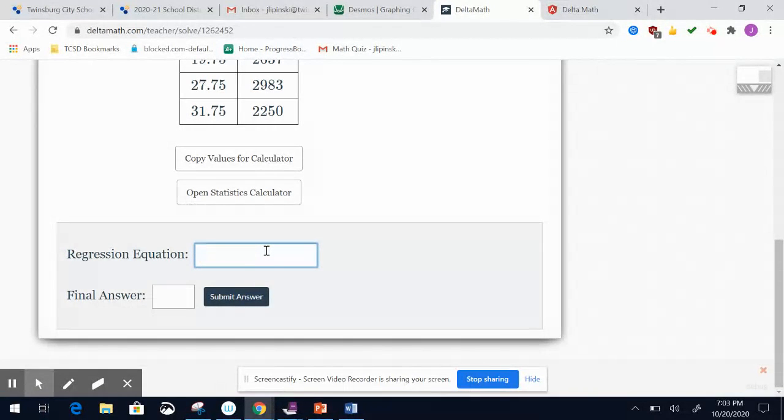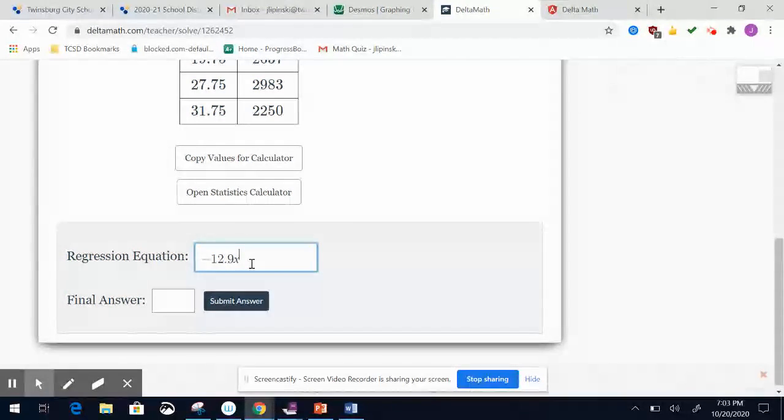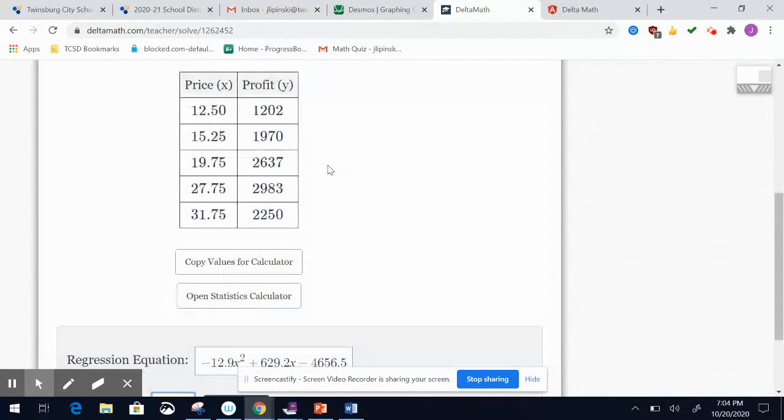Y equals negative 12.9x squared plus 629.2x minus 4656.5. Okay.